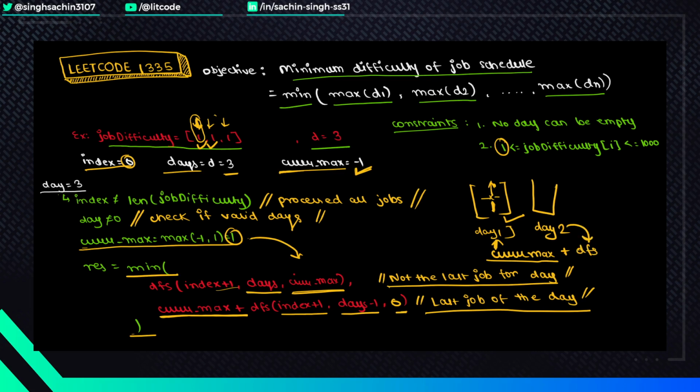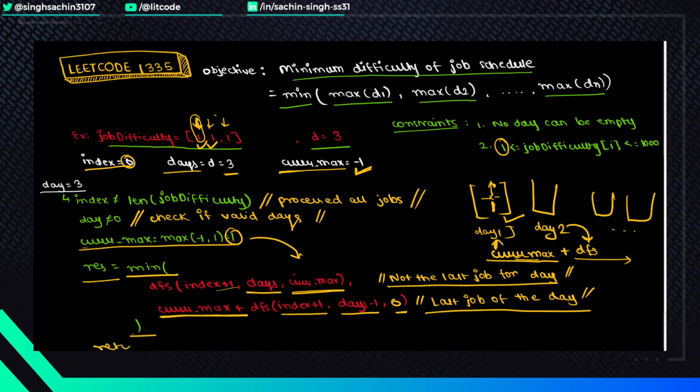So it can calculate day 2, day 3, day 4, and so on. With each step, I will have the current maximum for each day, and we'll just move on. Okay, so this will be the result which we will be returning at the end, and we can also use cache, which I'll explain in the code. So let's go to the code now.